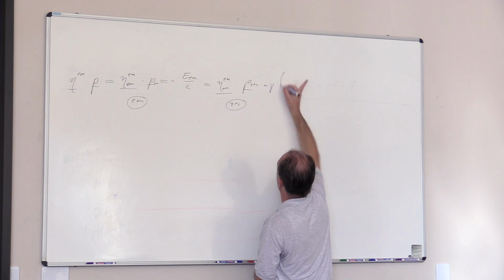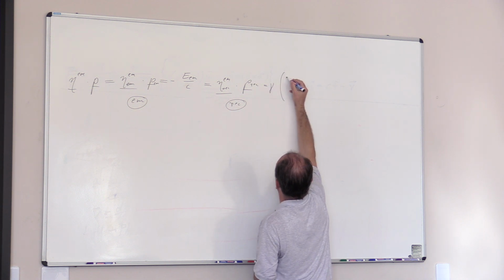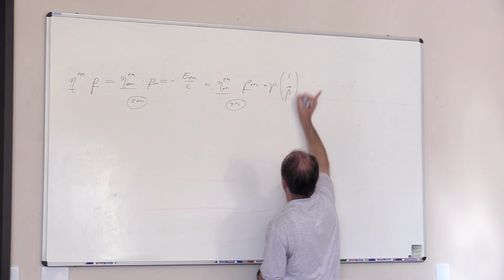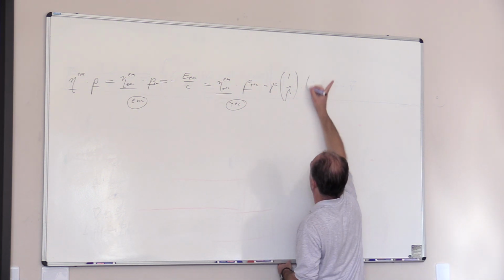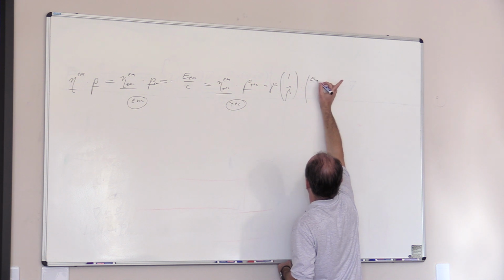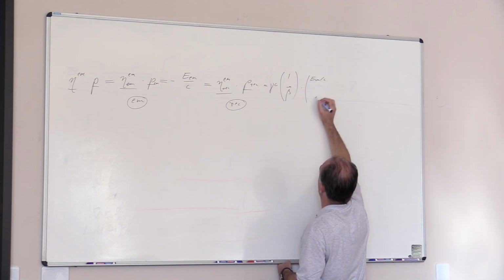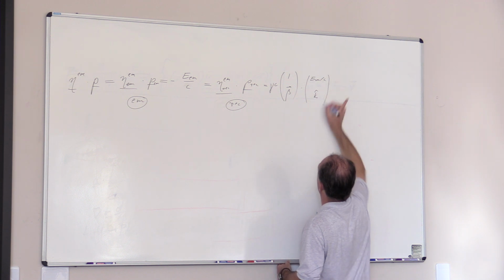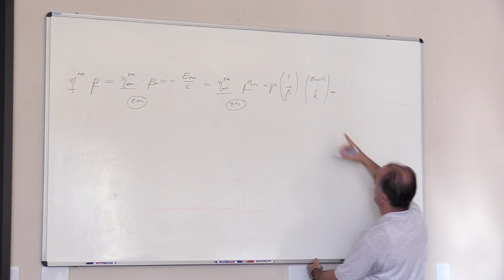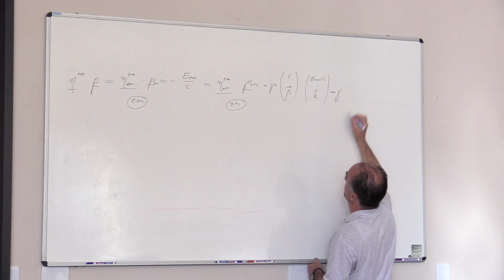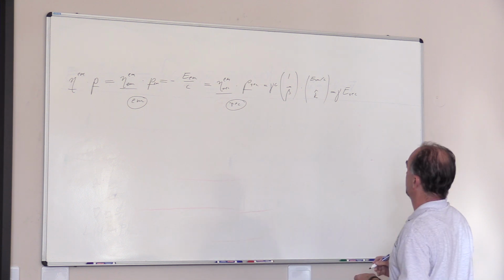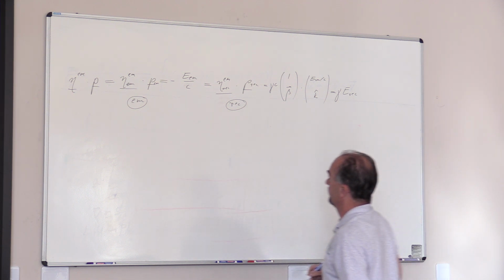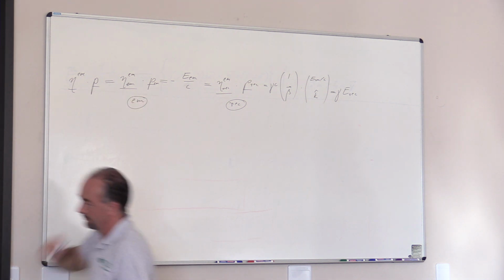This is gamma times (c, eta), that was the velocity vector, and the vector product with E in the receiver's frame over c and k.